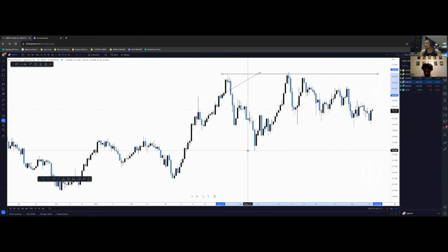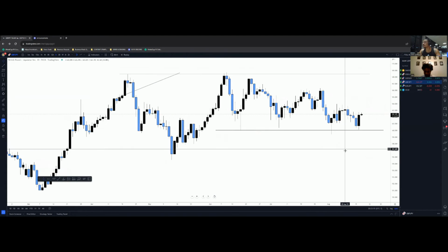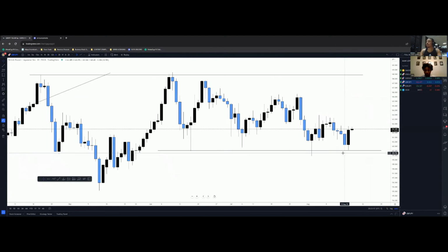Boom. And then boom. Okay. So a lot of the time, if price is not making a quick higher low or a quick lower high, doing the retest, you know what I mean by that, just to quickly illustrate.